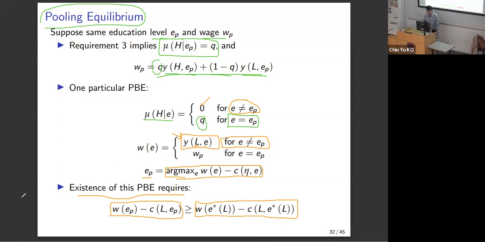Let's see what we have here. Let's see the diagram.